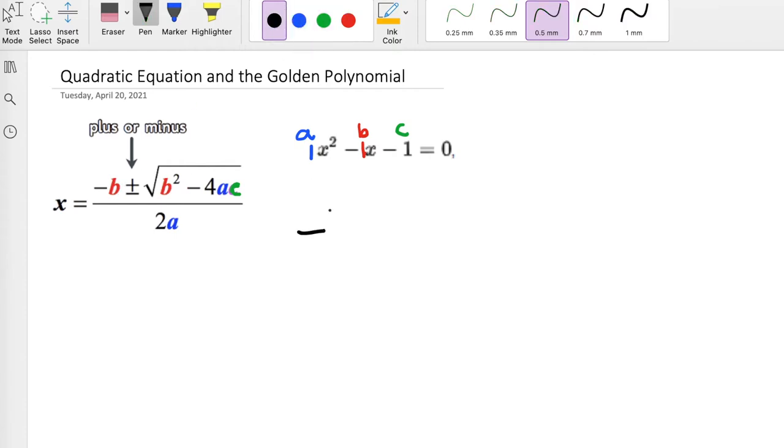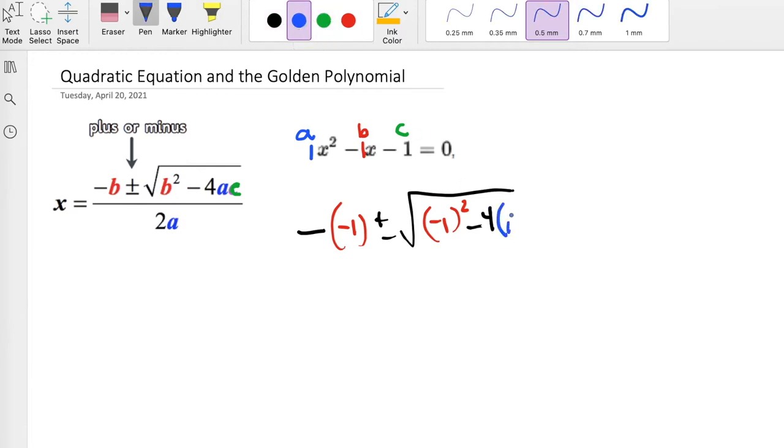We're going to say negative of the -1, the b value, plus or minus the square root of b squared, so -1 is what b is, so -1 squared, minus 4 times the a value, which is 1, times the c value, which is -1, and all of it over 2 times the a value.